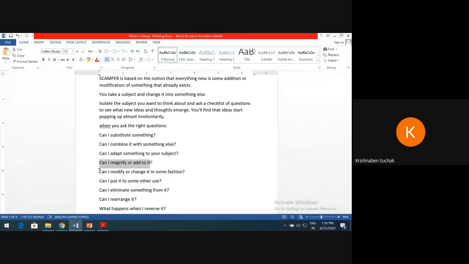Okay, that means waste material. Other question is, can I modify or change it in some fashion? Would it turn into something fashionable? There are many YouTube channels and many YouTube or Instagram videos where they show us how to use your leftover things, how to bring something new from your leftover things. So that is innovation. Okay.